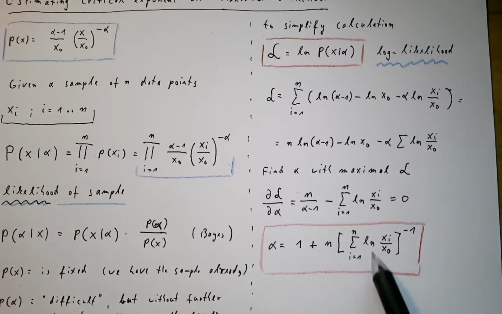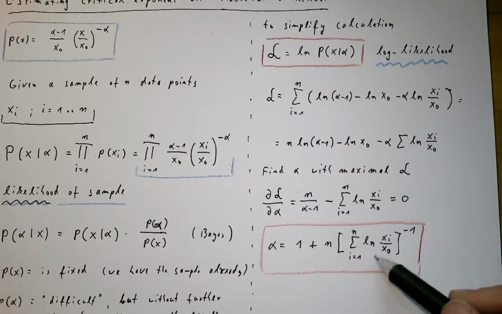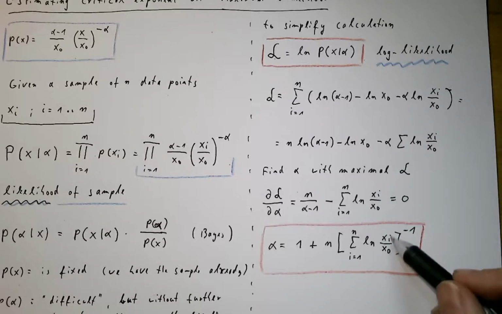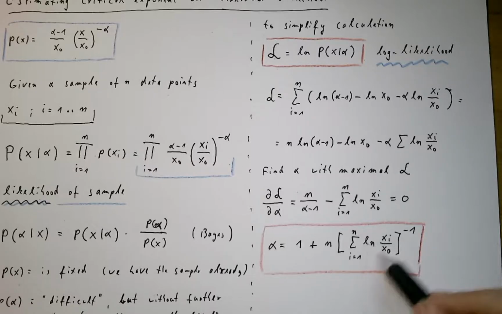And so you see we have a kind of average that we have to do here when we want to calculate our most likely exponent. So we have all our samples, we normalize them by the cutoff, take the logarithm, and here we average.